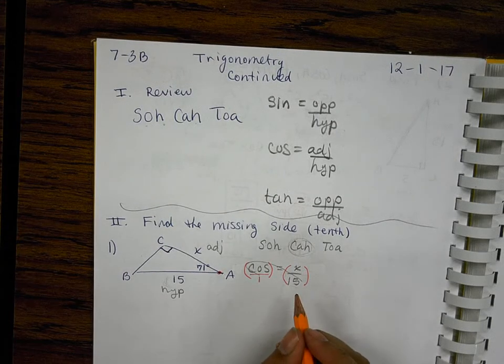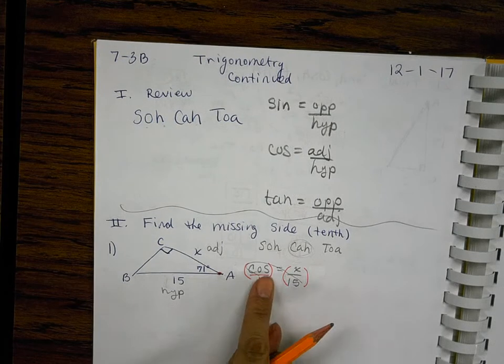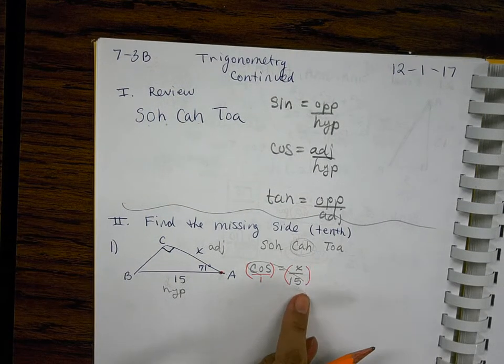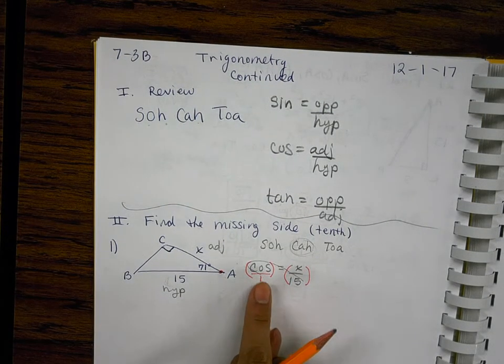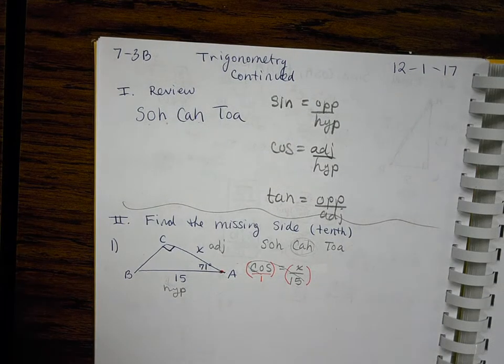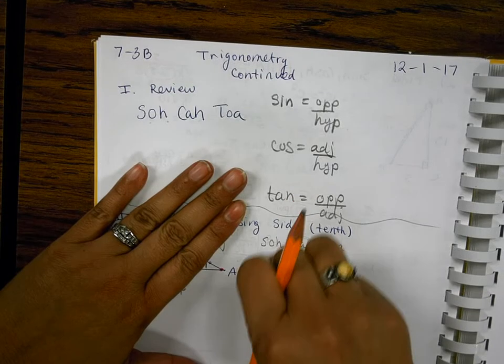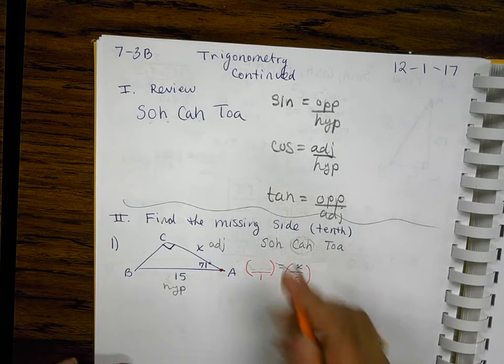15 times cosine. And I did mess up in one piece that I need to fix, otherwise we will not be able to do this problem. I wrote cosine equals x over 15. That is not correct. It is cosine of an angle, and it will always be cosine of an angle. So I'm going to erase and squeeze it in there.